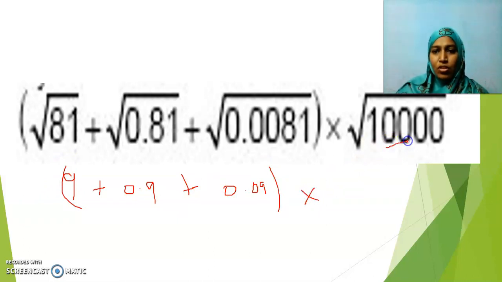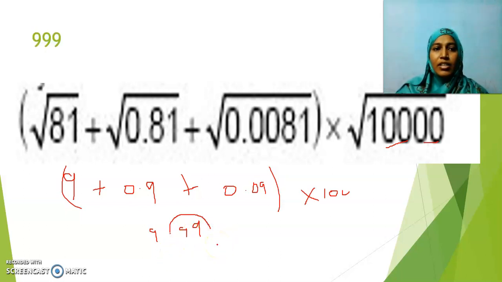For these 2 zeros I will get 1 zero. For these 2 tens I will get 1 ten. So 10 tens are 100. So I get 9.99. Actually, if I add these now, I will get 9.99. And if I multiply with that 100 now, this decimal will get shifted to this place, and I will get 999. The answer is 999.